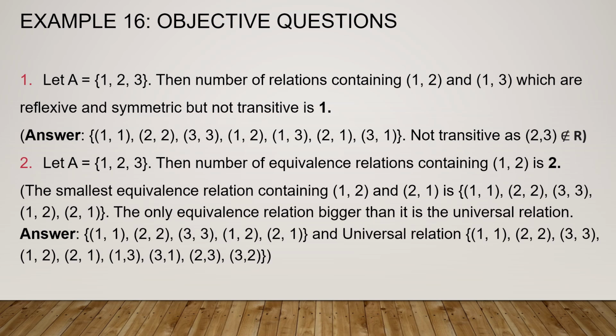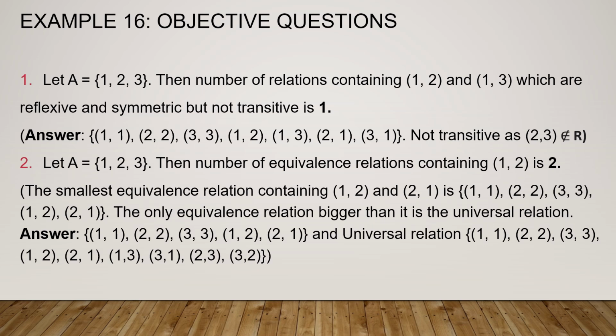Some objective questions. Let A have elements 1, 2 and 3. The number of relations containing (1, 2) and (1, 3) which are reflexive and symmetric but not transitive. How many such relations are possible? The answer is 1. Why is it 1? Because you want the relations to be reflexive and symmetric. Reflexive means (1, 1), (2, 2), (3, 3) should be there.